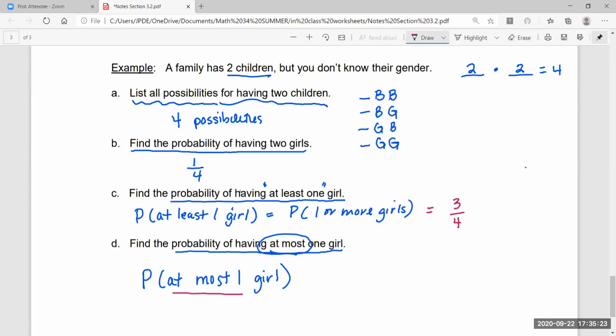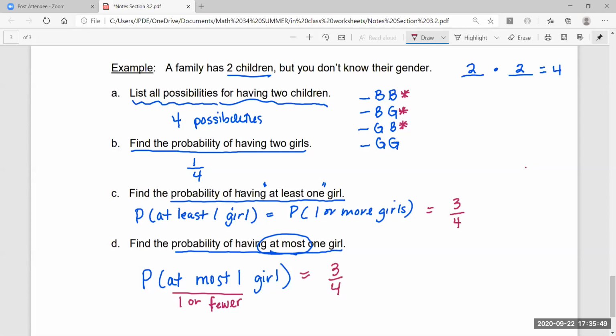The most I have is one girl. Well, there's one girl. There's one girl. At most, one girl. Oh, there's two girls there. One or fewer. One or less. So this one would also be 3 out of 4.